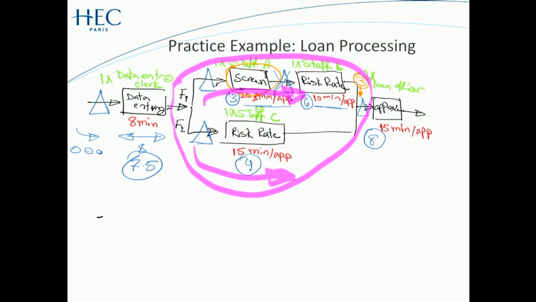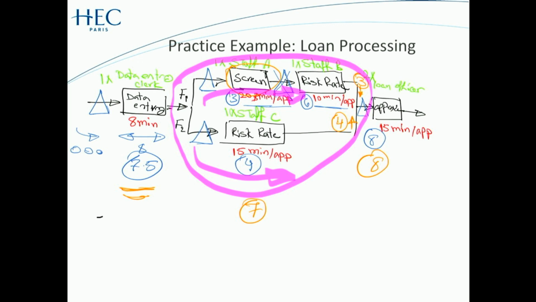Okay. Now, what about on the lower route? We are going to have 4 F2 applications come out of that process. So every hour we have 7.5 as the capacity of the data entry step, 3 and 4 as the capacities of the screening and risk rating steps for the two parts, and 8 as the capacity of our approval step.